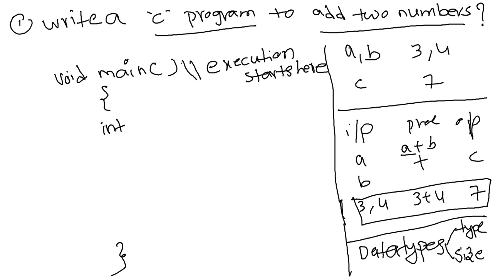What type means, data may be text, image, audio, video, etc. The text may be numbers, alphabets and special characters. Data types may be integer, char, float and double.